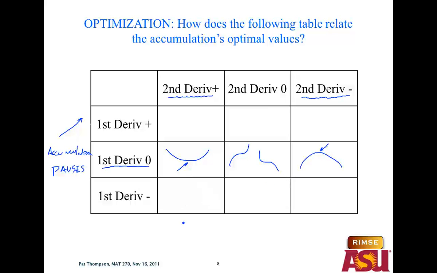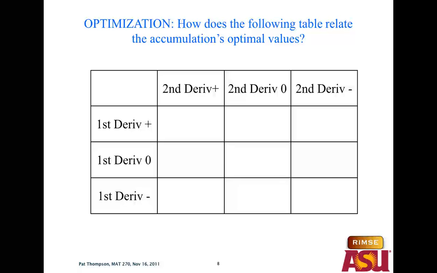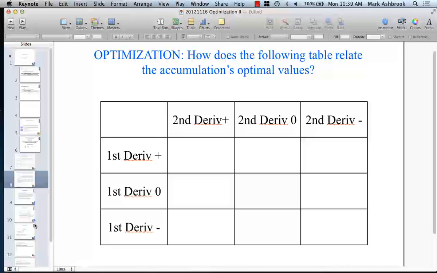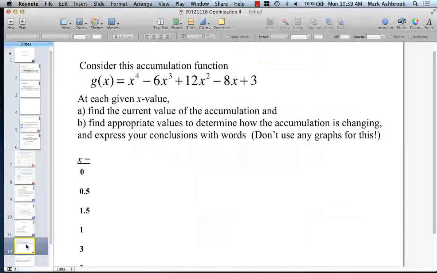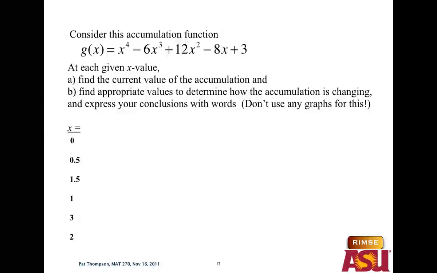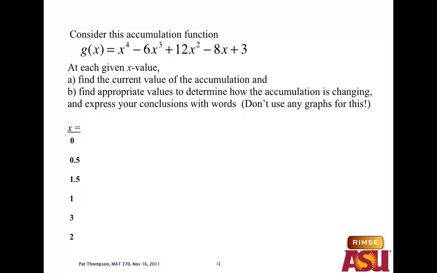Let's do some practice. So this is where we're going. We're going to talk about how we use the first and second derivative to figure out where a quantity function or accumulation function has a highest value or lowest value. That's kind of what we're after here. So I want you to practice with this and see how this is kind of putting lots of stuff together here. So consider this accumulation function.